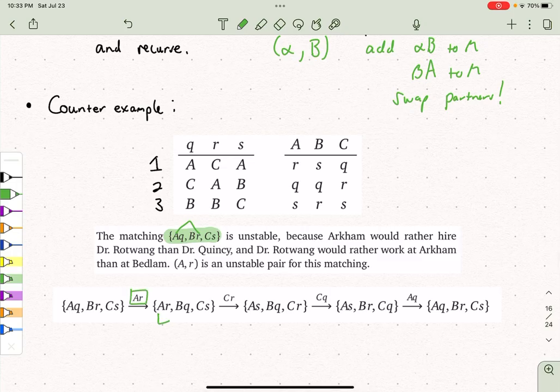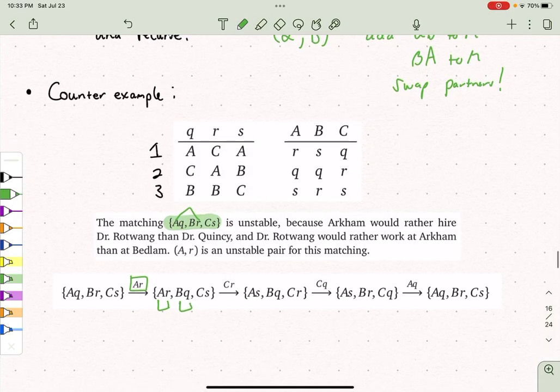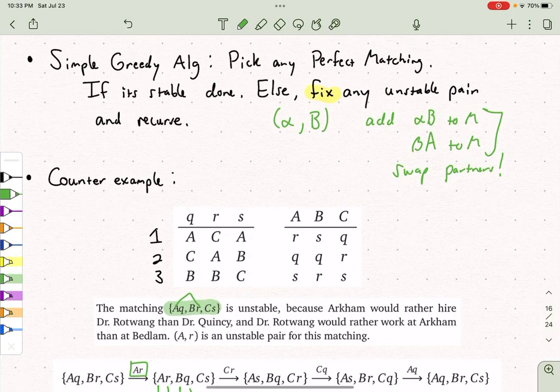So we just put AR there instead because we know that makes that pair stable. And then that inherently causes us to make a BQ. So just like the example here.